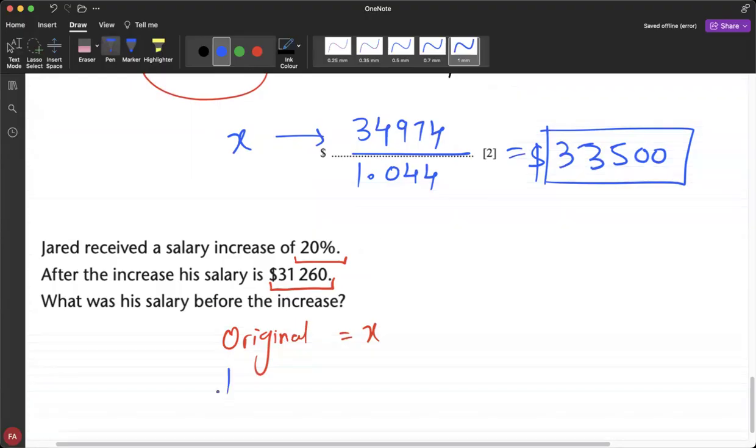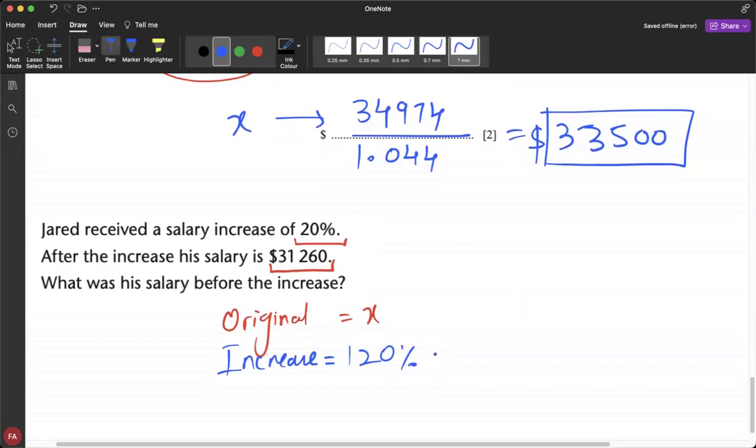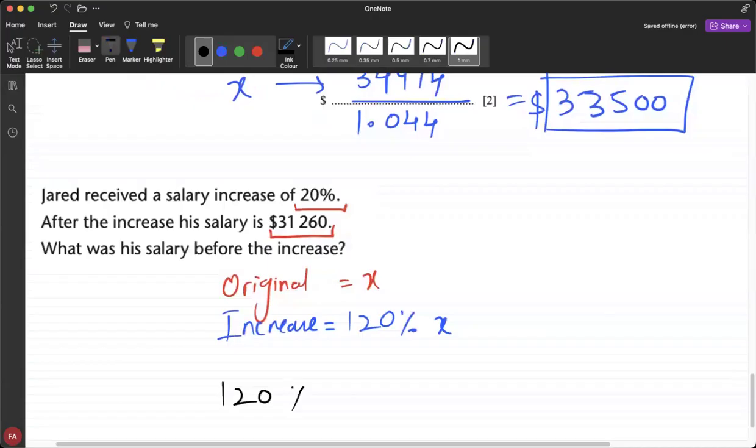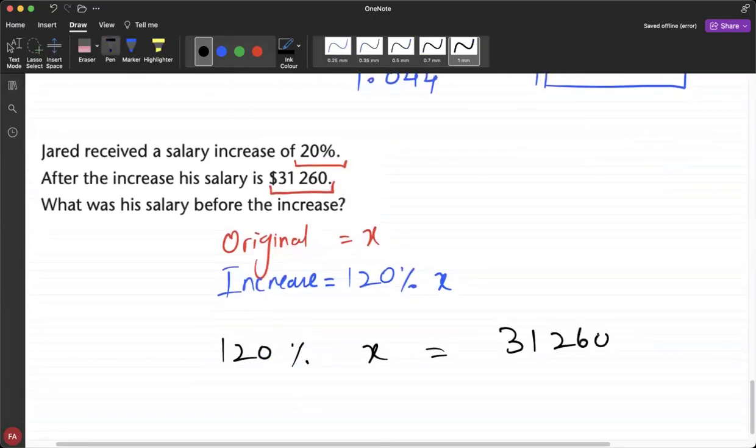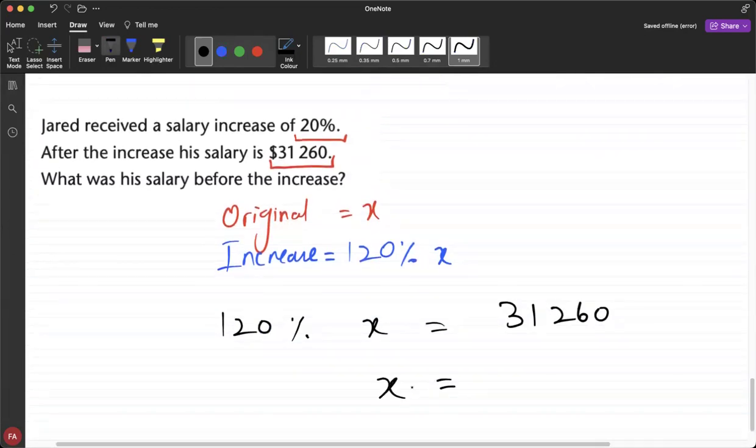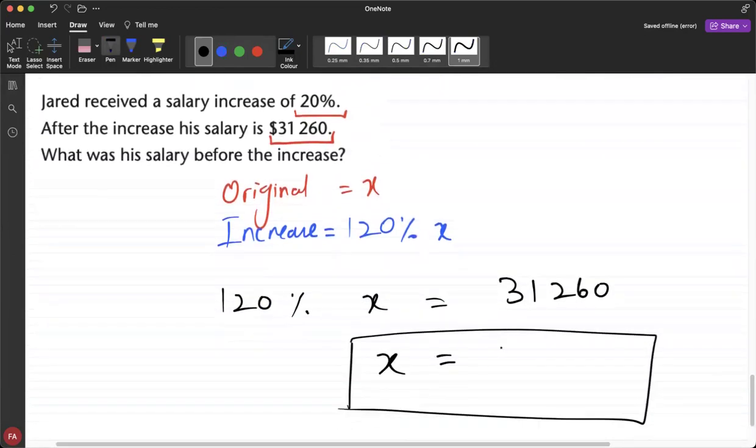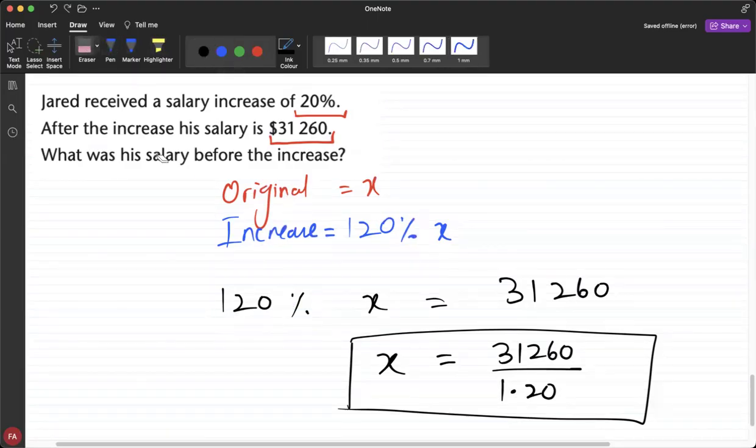So can I say after the increase, his new total percentage is going to be 120% of X, right? If that is the case, I can easily say that 120% of X represents 31,260. And if I were to divide this 31,260 over 1.20, how did I get 1.20? Like I said, everyone, the word percent means over 100.